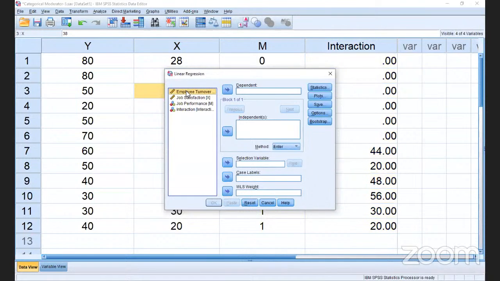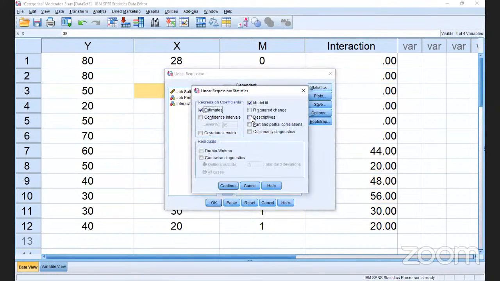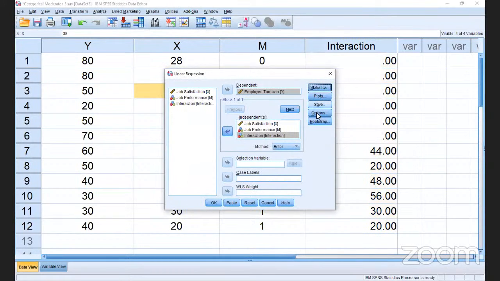Employee turnover is the dependent variable, job satisfaction independent variable, job performance independent variable, and interaction independent variable. Then I click Statistics, Descriptive statistics, then Continue and OK.